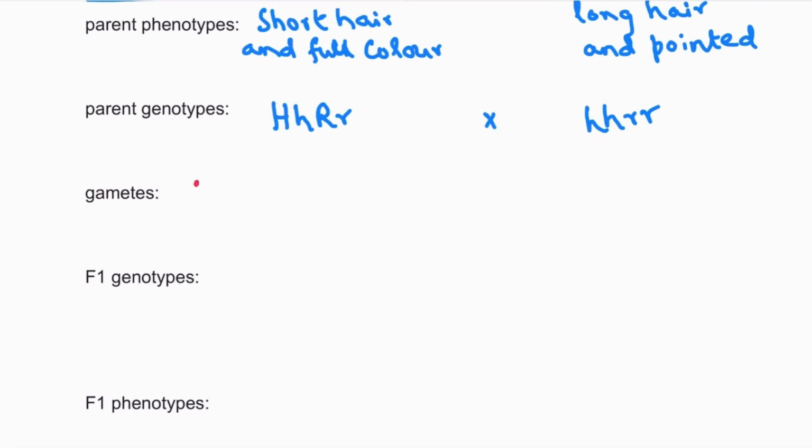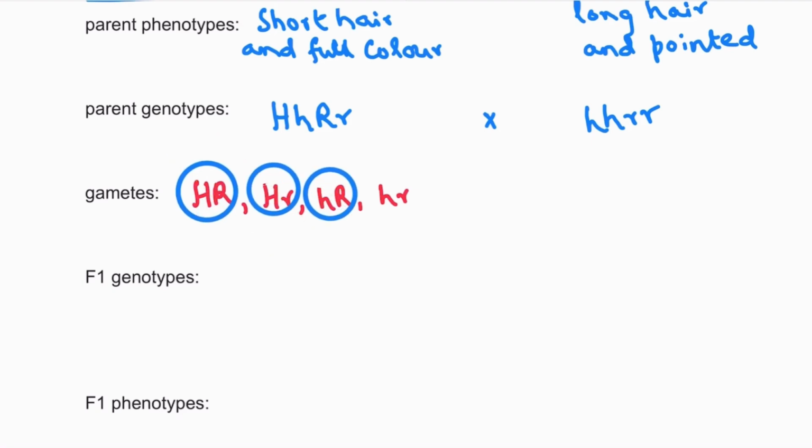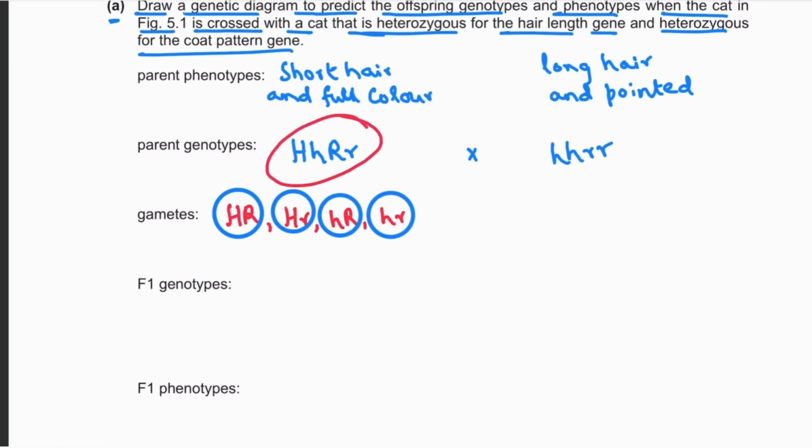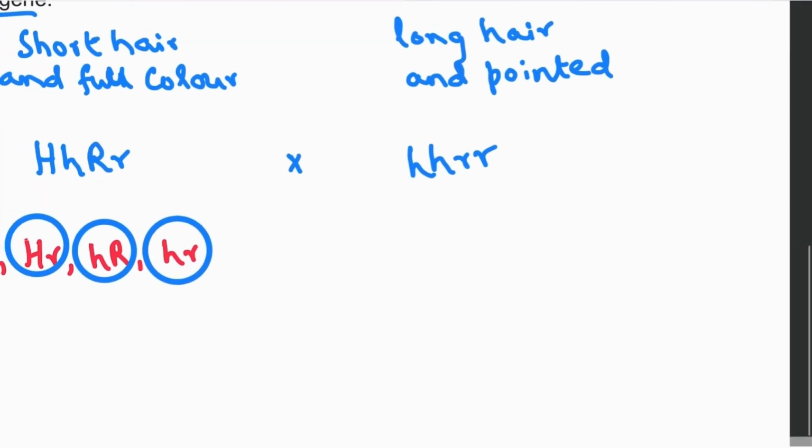So the gametes will be that capital H can go with capital R, or capital H can go with small r, or small h can go with capital R, or small h can go with small r. So these are the possibilities of gametes in the parent that is heterozygous, and the gametes that are formed in the homozygous recessive cat will be only small h, small r, because there is only one possibility.